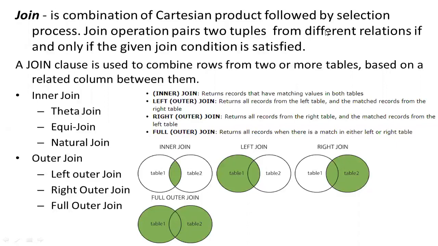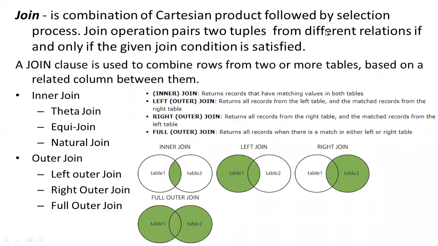To understand the relational database management system concept, we need to understand the different types of joins performed. To understand join, first we need to understand the Cartesian product, because the basic idea behind join is the Cartesian product. Join is a combination of Cartesian product followed by a selection process.